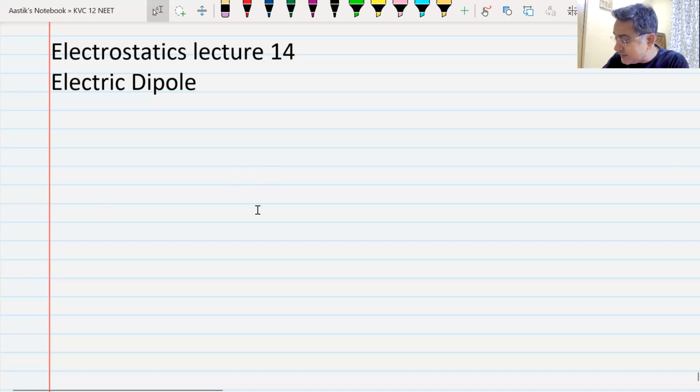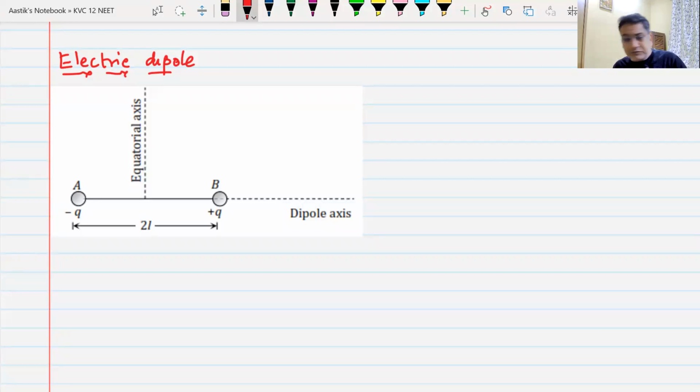You can write the heading electric dipole. What is an electric dipole? This is the diagram that I want to show. Electric dipole is a system of two charges of same magnitude, but opposite in sign, separated by a very small fixed distance.